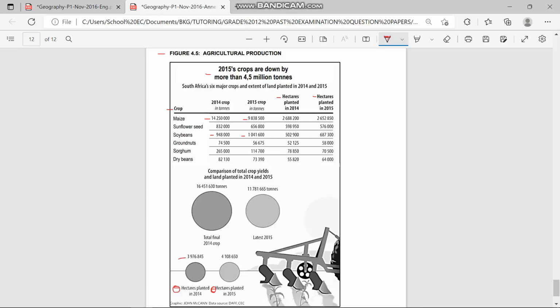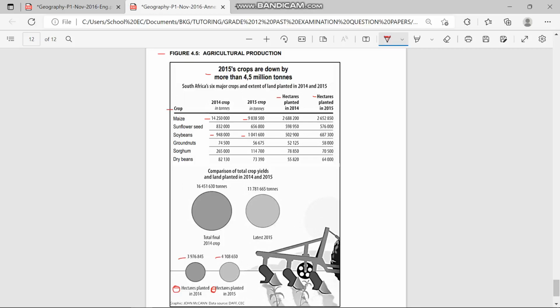Then in 2015 there were 4,108,650 hectares planted, meaning the number of hectares planted increased, by almost, from 3 million to 4 million.